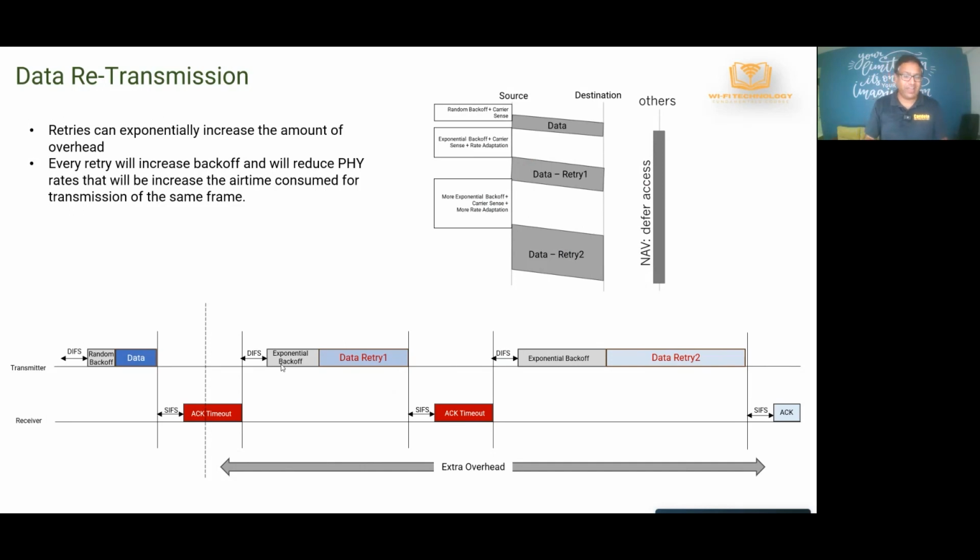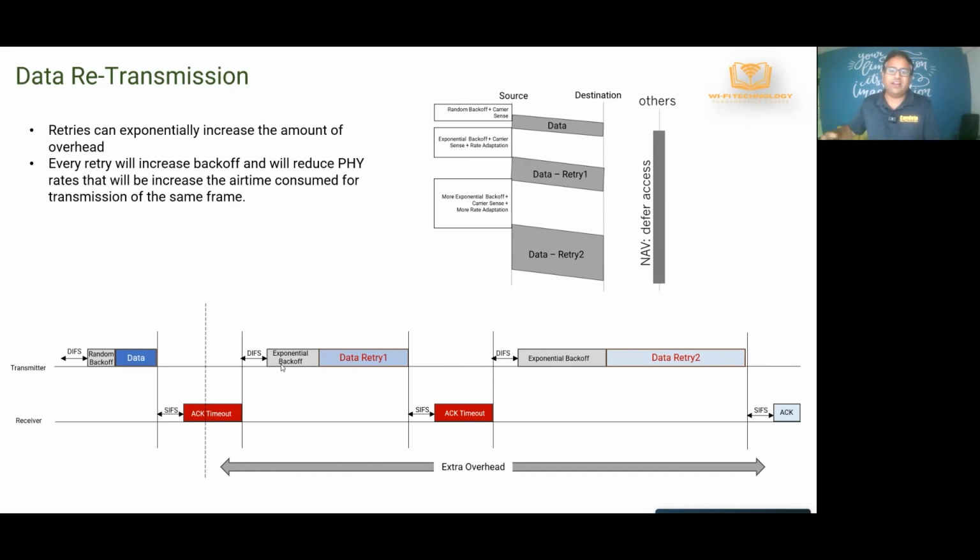After we get access to the medium, we have to transmit at a lower data rate, because we know the higher data rate we transmitted at was possibly causing frame errors. So I need to rate adapt and come down to a low data rate. Now the same data frame could take twice the amount of time on the air.